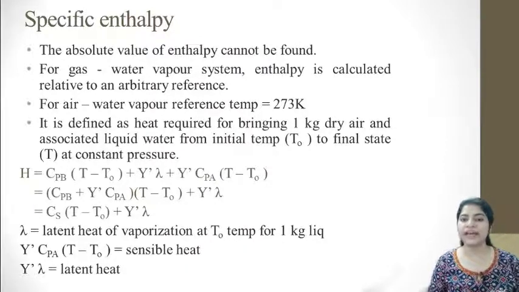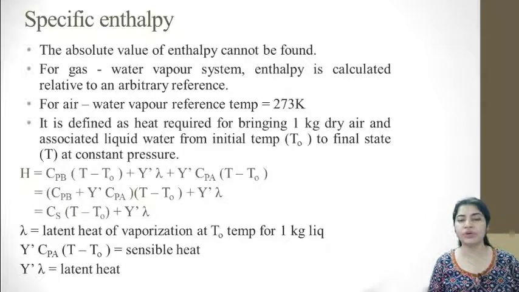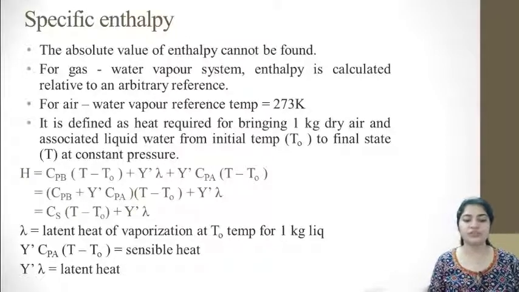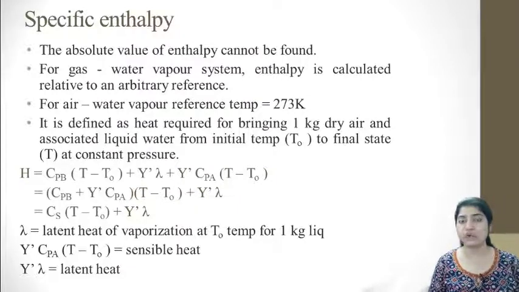So it is Y dash lambda plus Y dash into CPA, whole into T minus T0. What is lambda? It is the latent heat of vaporization at T0 temperature for 1 kg liquid. Y dash CPA into T minus T0 is the sensible heat required for the water.